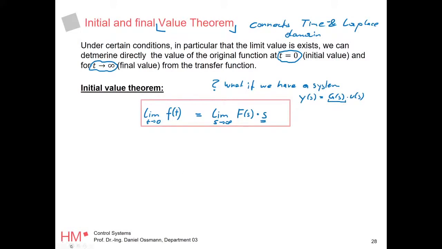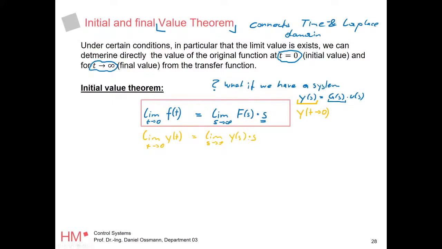What you ultimately want to know is what y is doing at the beginning. So you just plug in y here: t going to 0 and s going to infinity, and you have your y of s times s.